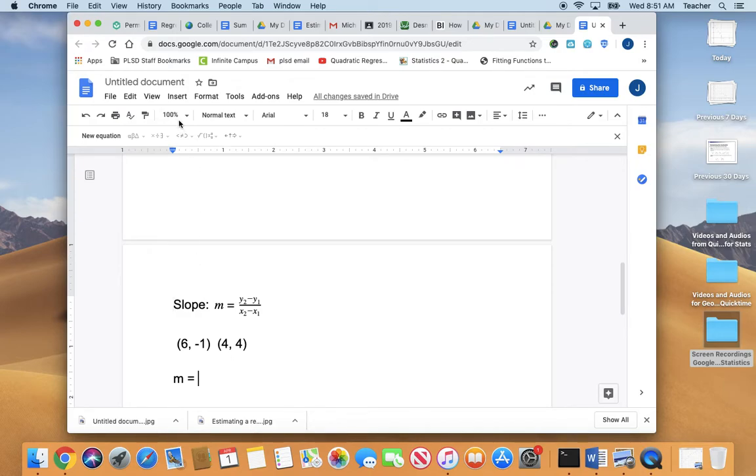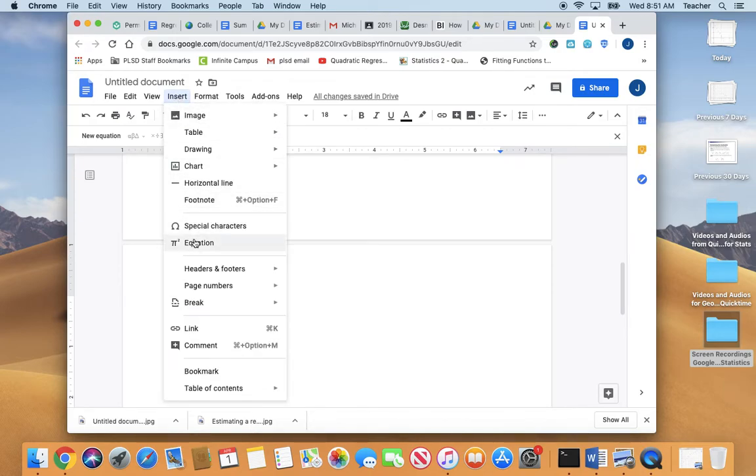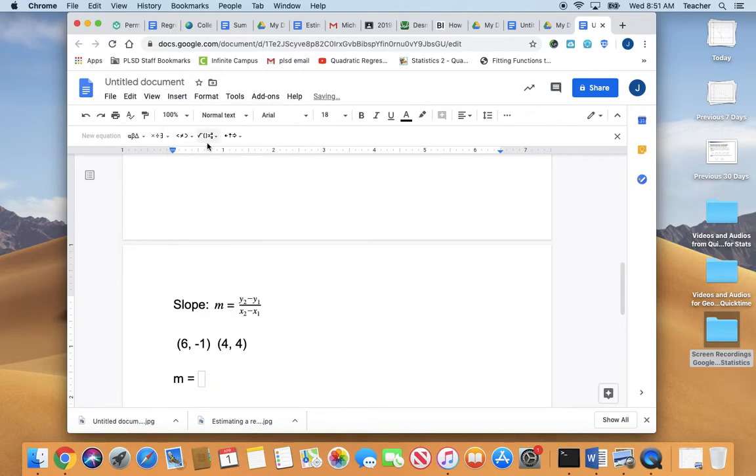So to calculate the slope, I would use this formula and have y2, the y coordinate of my second point, which is 4, minus y1. So be careful because y1 in this case is -1. So it'd be 4 minus a -1. And in the denominator, x2, the x coordinate of the second point, is 4, minus x1, the x coordinate of the first point, which is 6.